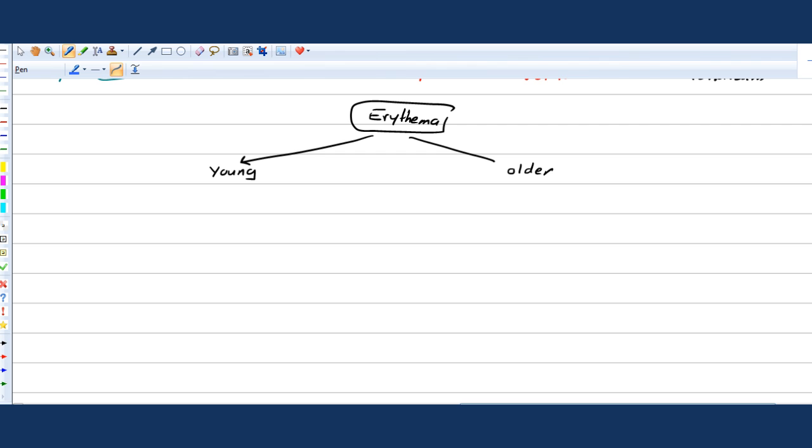Young patients, risk factors for acne. All of you know. I don't think there will be questions for risk factors or clinical features for acne.